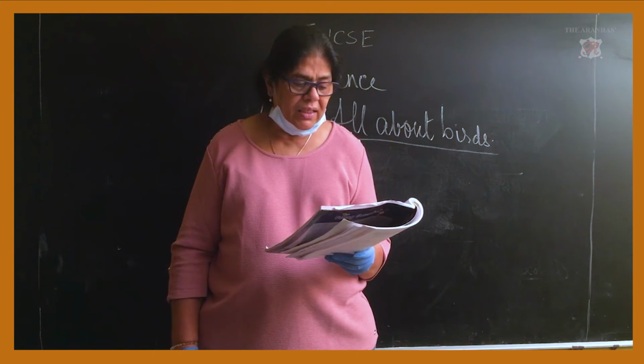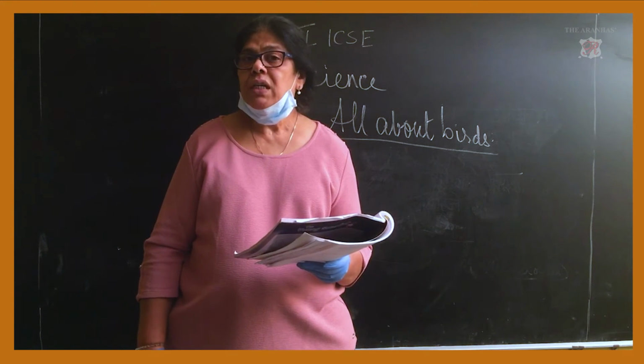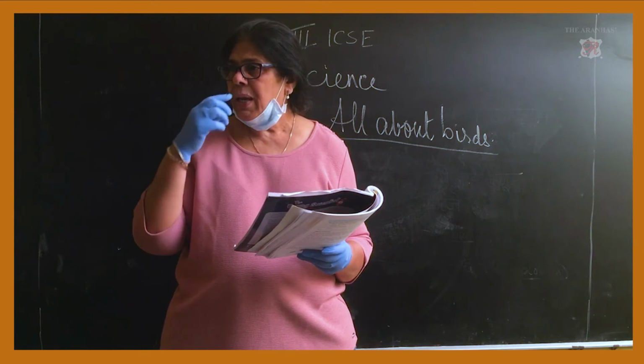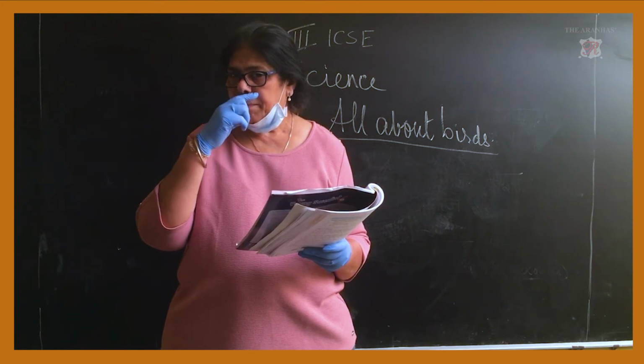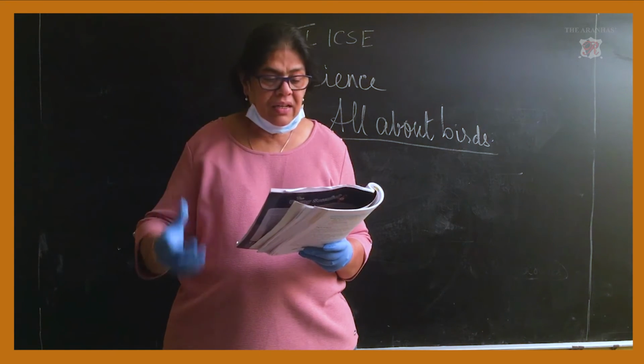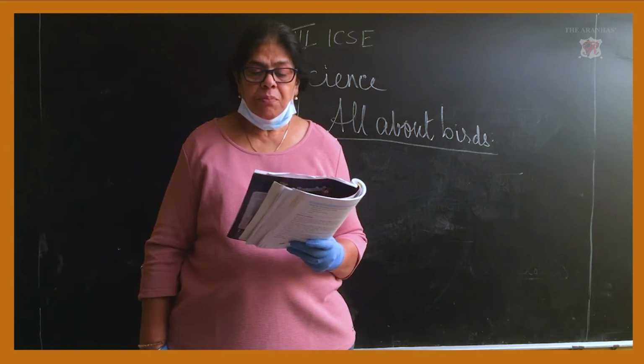The body feathers cover the rest of the body of the bird and help to give it shape. So these are the three feathers: the flight feathers, the down feathers, and the body feathers.